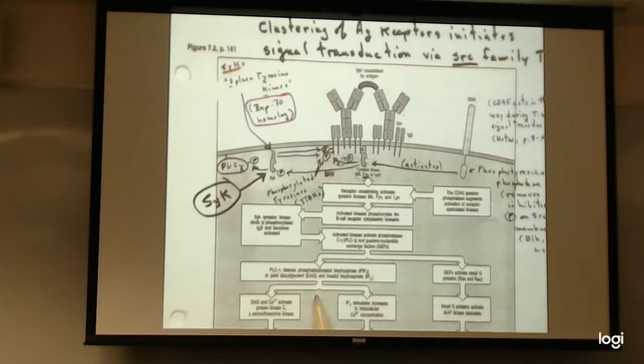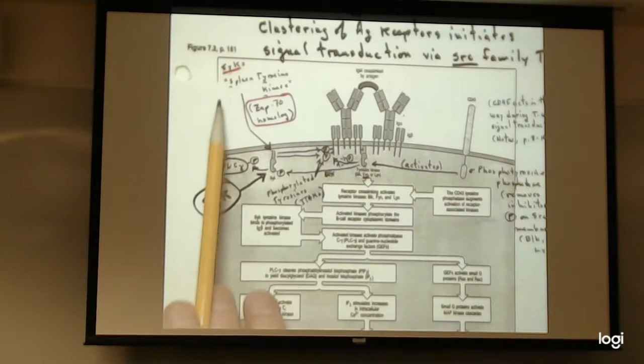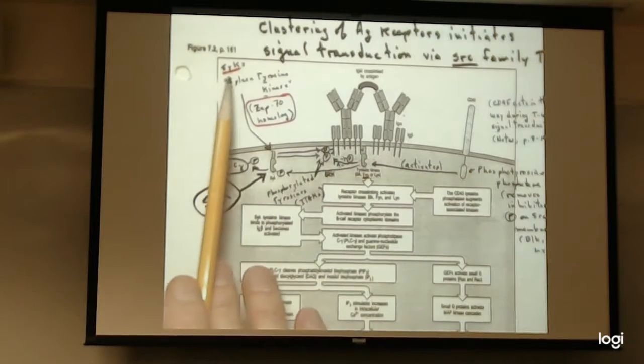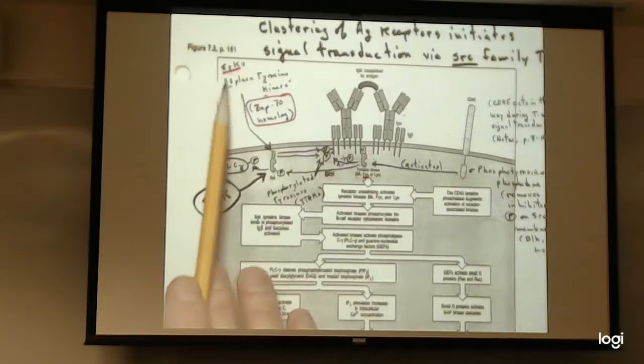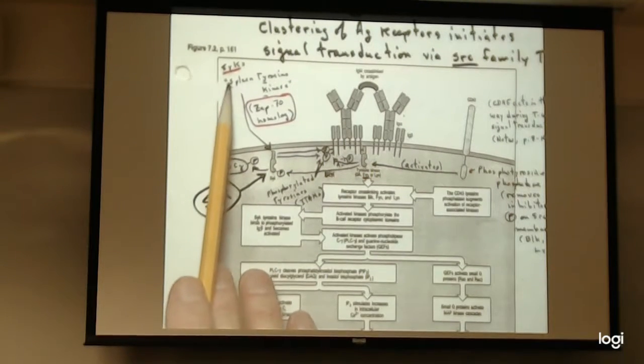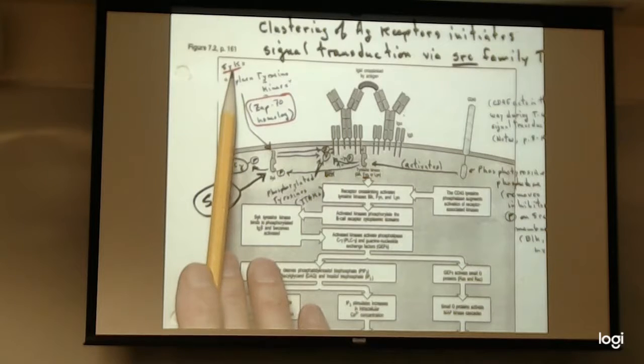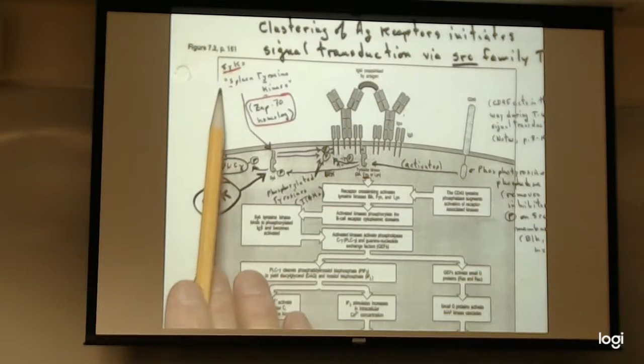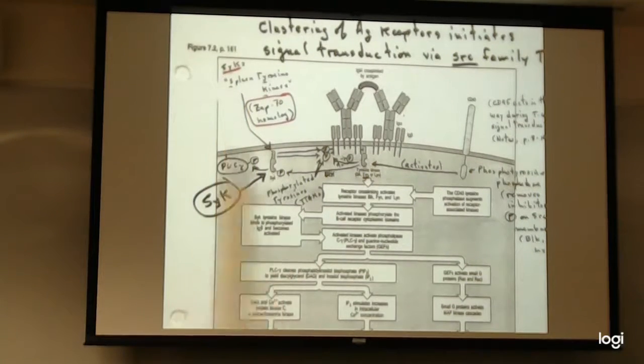In B cells, the equivalent kinase is called SYK, where Y is an abbreviation for the amino acid tyrosine. So this is spleen tyrosine kinase. Okay. And it sits here, it has SH2 domains. Src family kinases become activated and tyrosine phosphorylate the Ig alpha and beta chains.